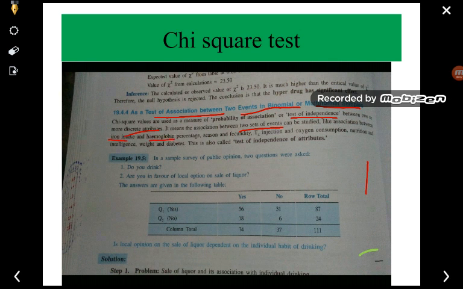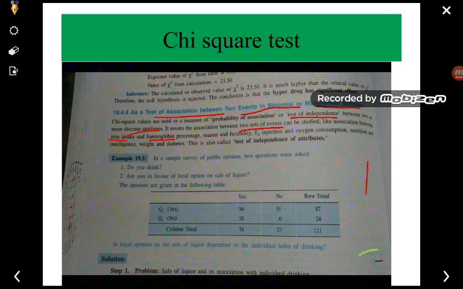If the iron content is increased, does the hemoglobin increase or decrease? That can be shown by this test. Or one attribute does not depend upon another, like iron intake does not increase the percentage of hemoglobin. In this way, many examples are there.